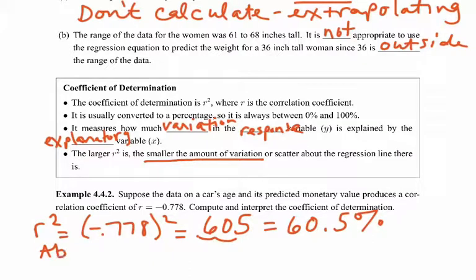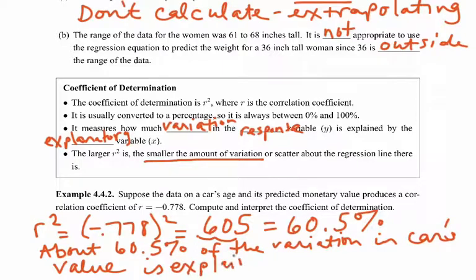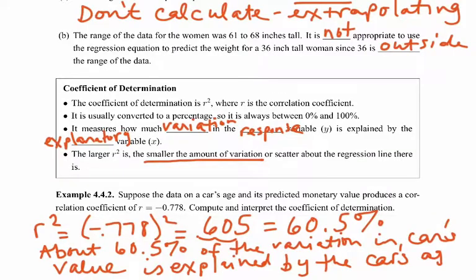That means about 60.5% or 61% if you want of the variation in the car's value is explained by the independent variable, which was the car's age.